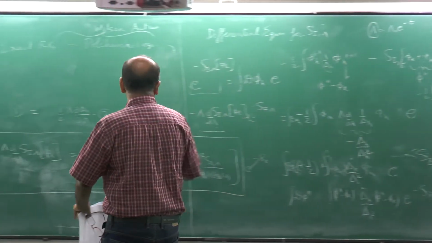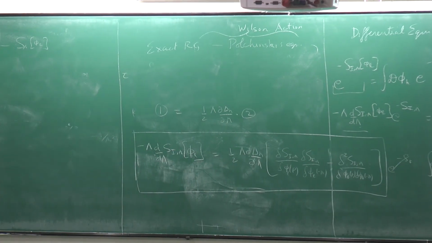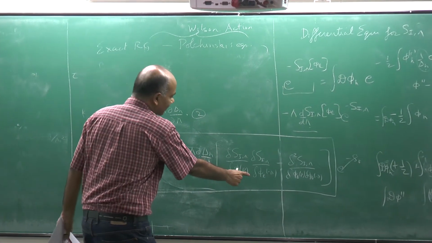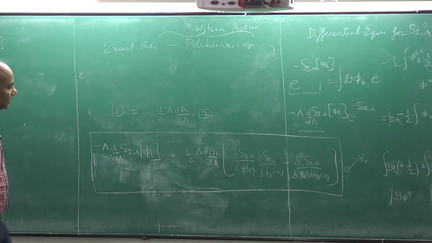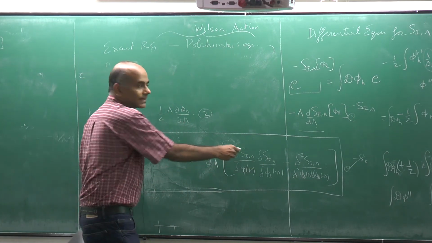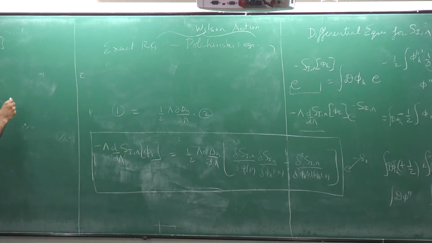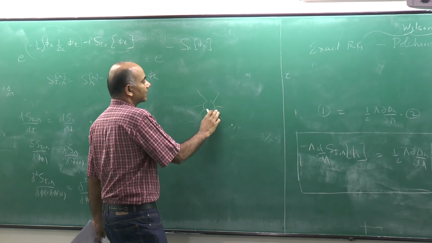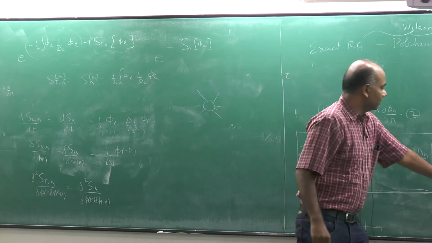It's convenient because you get a nice equation in terms of S interaction like this. What is the interpretation of either of these? Diagrammatically, what do these terms do? If you think in terms of vertices, in terms of the action, S interaction has vertices with arbitrary numbers of phi. What does this thing do?